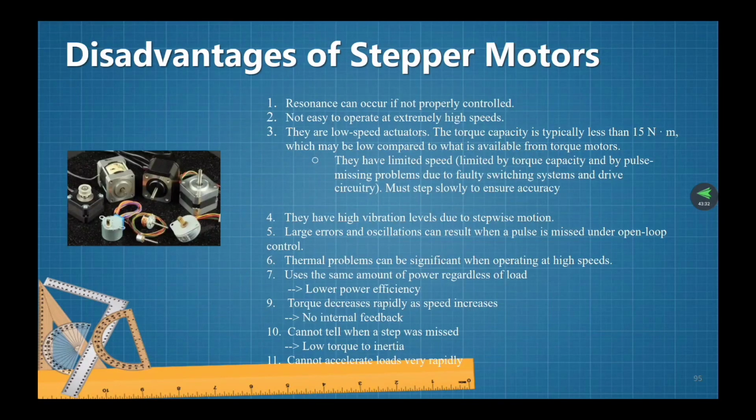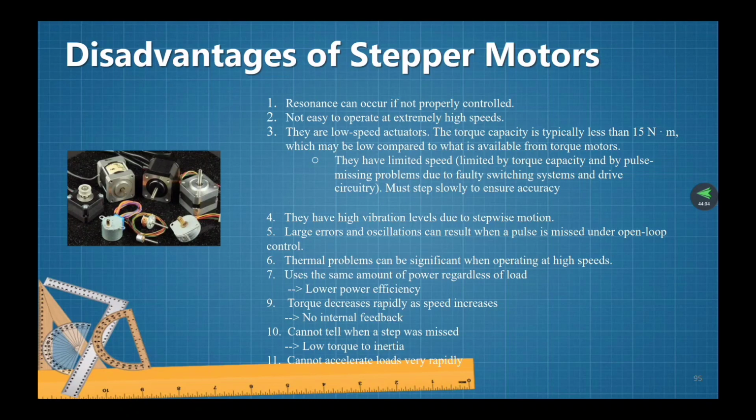And the stepper motor has disadvantages. First, resonance can occur if not properly controlled, and it's not easy to operate at extremely high speed. They are low speed actuators, so the torque capacity is typically less than 15 Nm, which may be low compared to what is available from a torque motor.